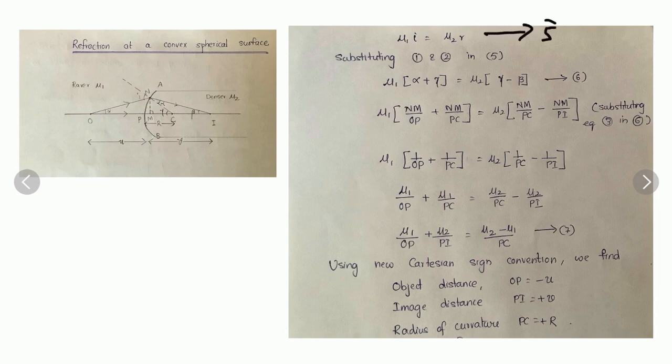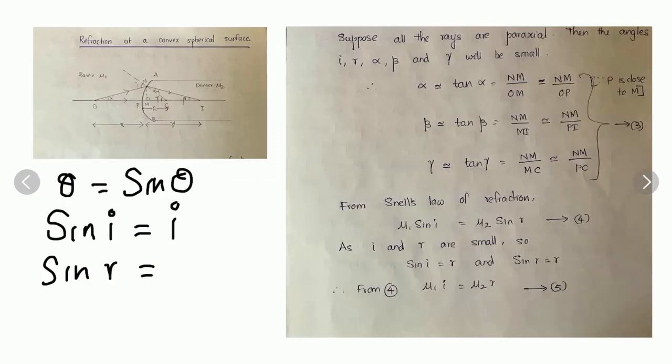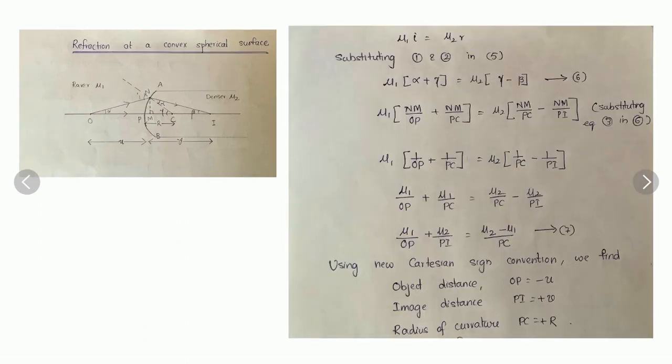This is equation 5. I means alpha plus gamma, R means gamma minus beta. Substituted. But gamma value from the previous one, gamma is equal to Nm by Pc. So Nm by Pc in place of gamma.